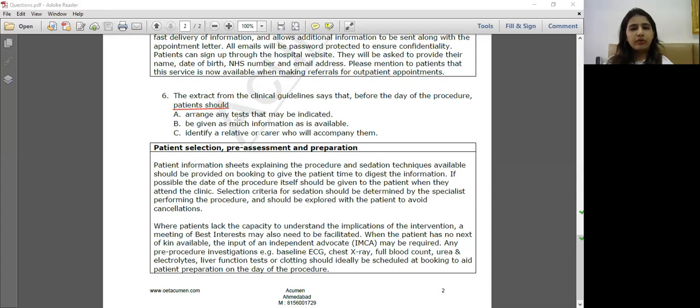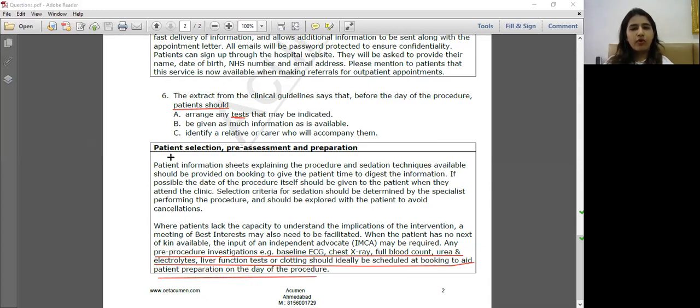Now, when you talk about the tests, the tests are to be done by the healthcare professional. It is given that any pre-procedure investigation should ideally be scheduled at booking to aid patient preparation on the day of the procedure.